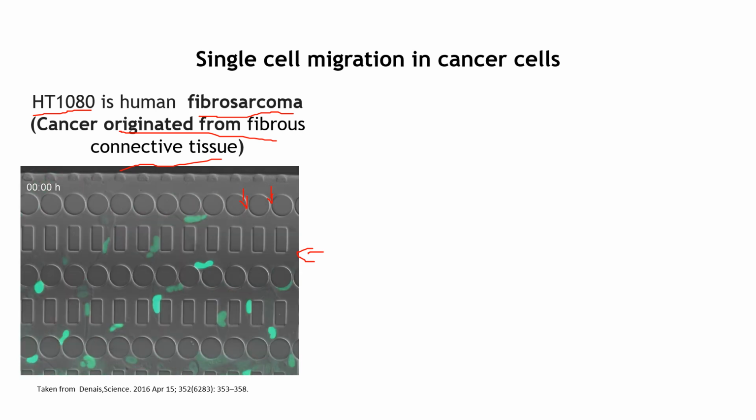What they did is took those cancer cells and labeled them with GFP. And you can see they are able to go through all these very small spaces and remodel their cell shape to go through those spaces.